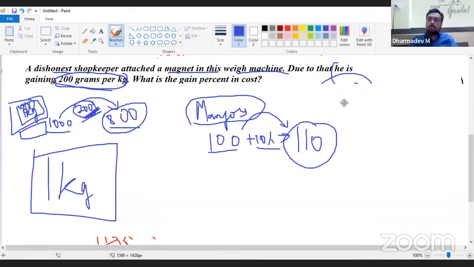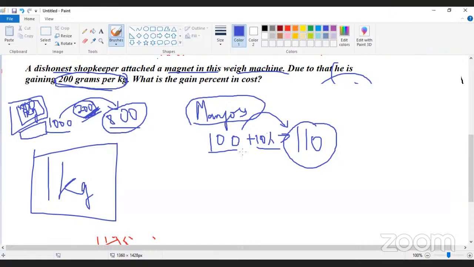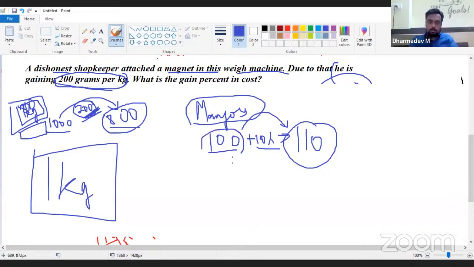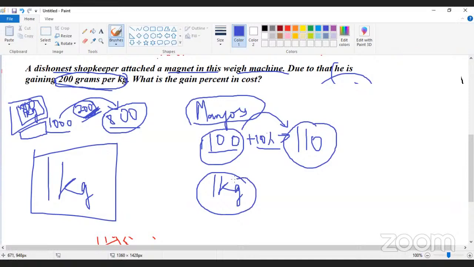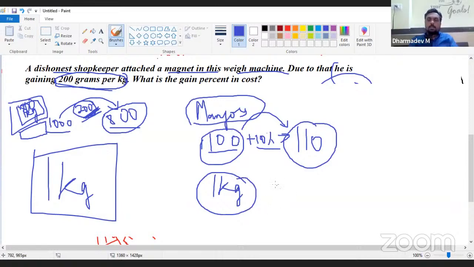So I think the question was not complete. For 100 rupees, how many kilograms of mangoes? Is it 1 kg or 2 kg? Per kilogram. Okay. So per kilogram, if it is 100, he's selling with 10% profit, then the new price will be 110.